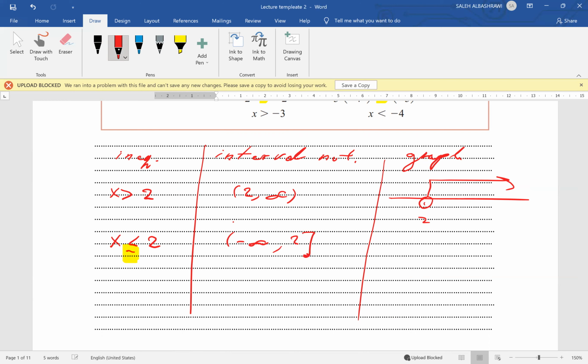And this is half closed or half open. Infinity is open all the time. And since we have less than or equal, we have to write a closed bracket. And for graphing this, when we have 2, it will be a closed circle. It means that 2 is included, and go to the left.